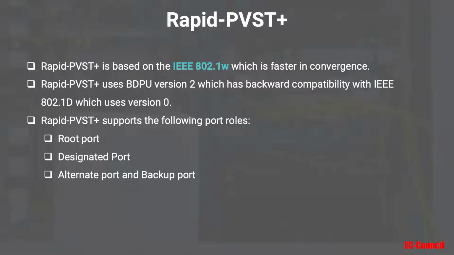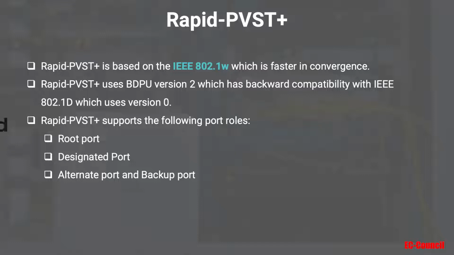However, with IEEE 802.1w, you get much faster convergence in your layer 2 network. Cisco took the open standard, 802.1w, and made their own proprietary version. Rapid-PVST Plus can converge your network from almost a minute or two to just a couple of seconds.